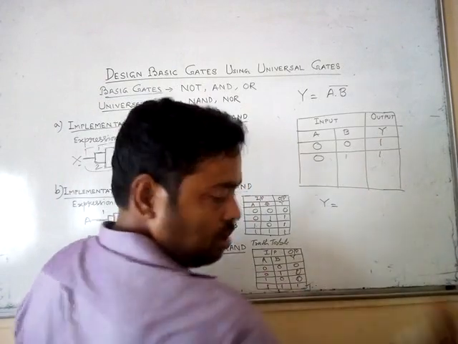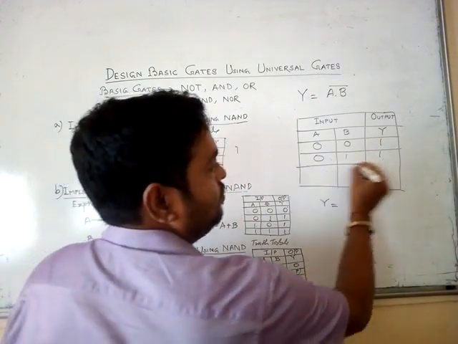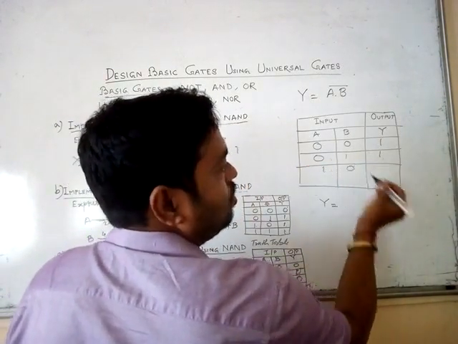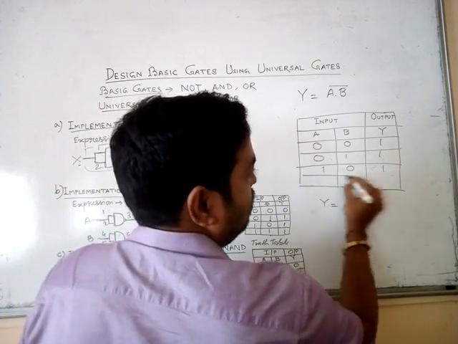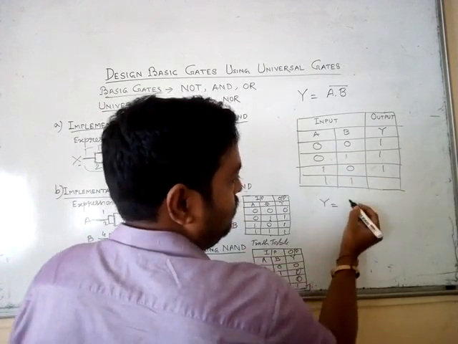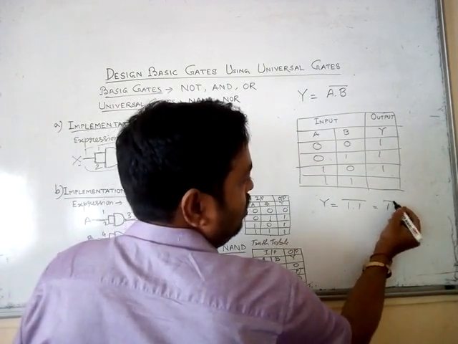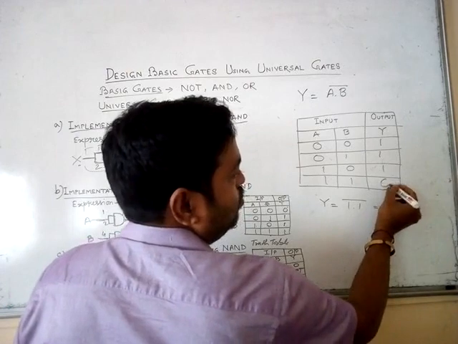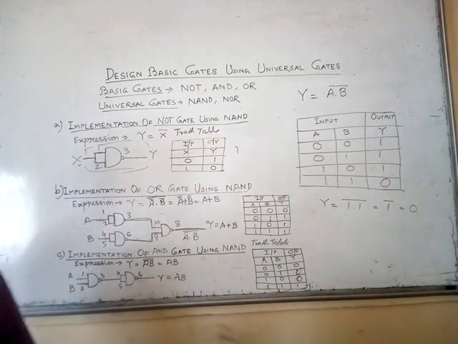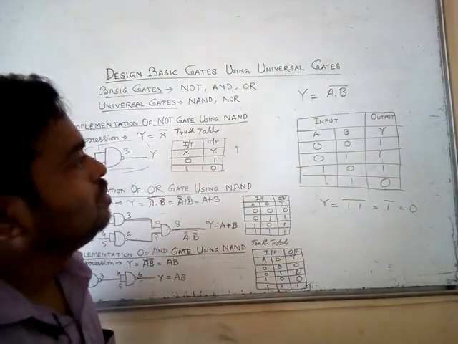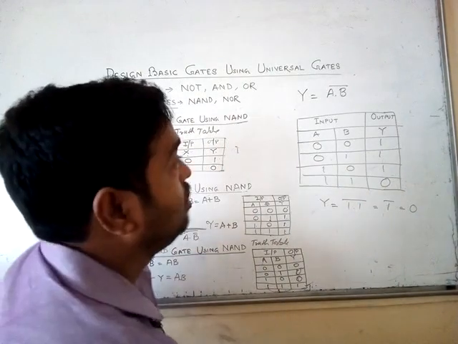Similarly, for 1 and 0, output will be 1. And for 1 and 1, 1 dot 1 is 1, 1 bar equals 0, so output will be 0. So here is the truth table of NAND IC.